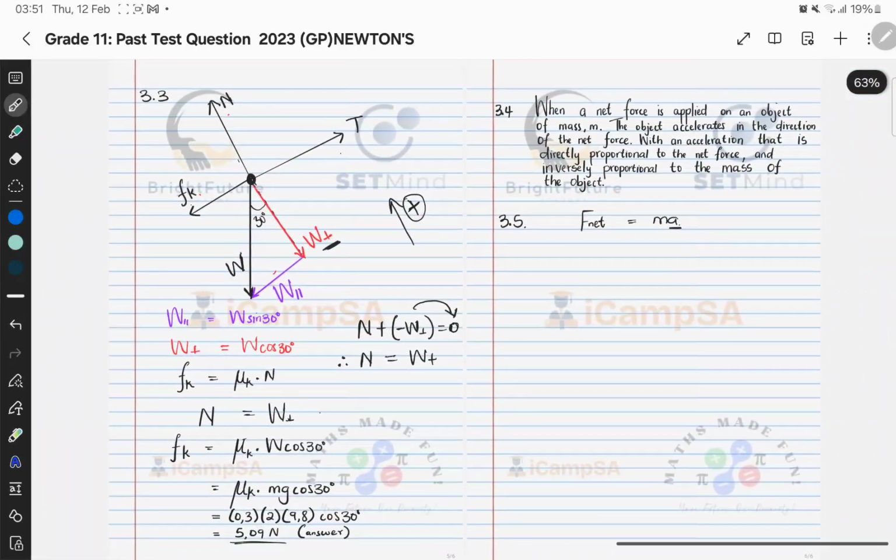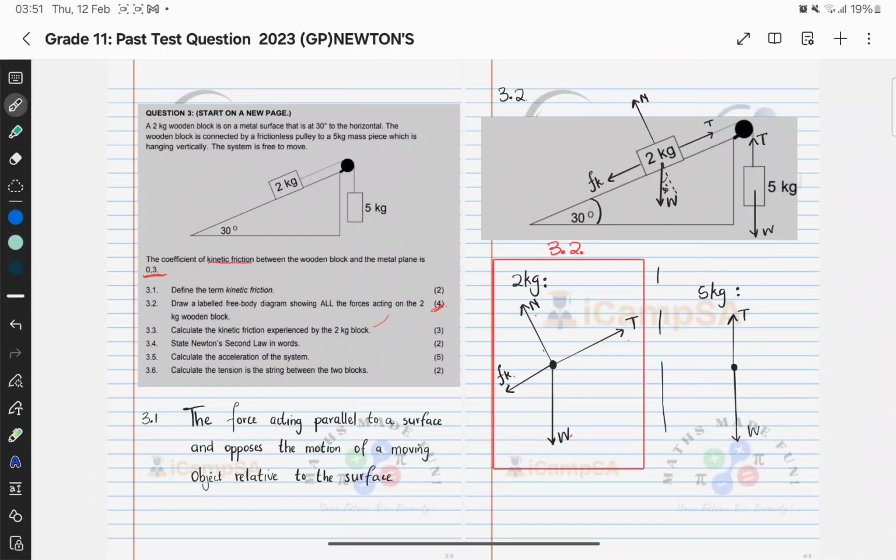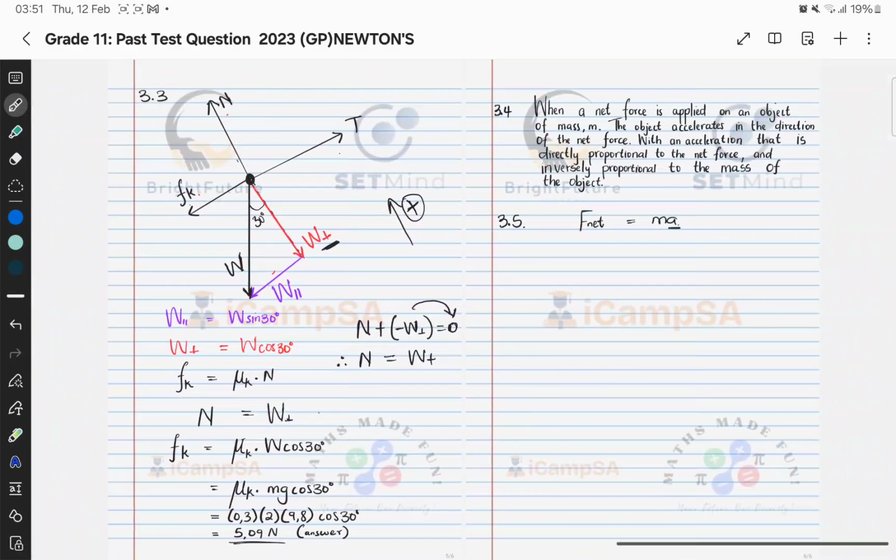So we have 2 options. Option 1, we analyze each block individually, and then we make a subject and solve and so on. Option 2, we take the whole system and work with it like that. So let's start with option 1, which is what most people usually prefer.